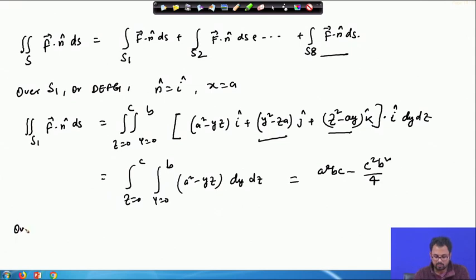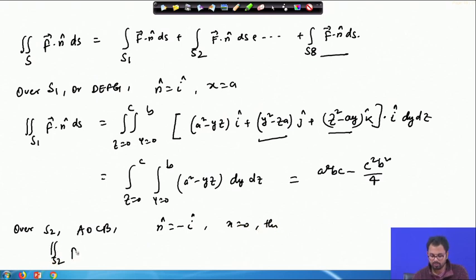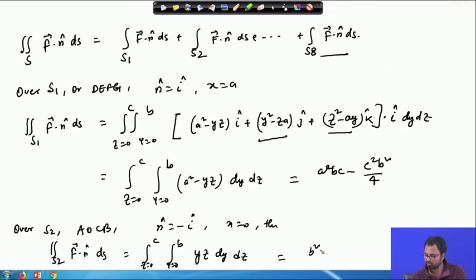Over, let us say, S2, or A O C B, our n would be minus i and x would be 0. Then our surface integral f dot n ds reduces to z running from 0 to c, y running from 0 to b, of minus minus y z, so this will be y z dy dz, and if we integrate, this will give us b square c square by 4.